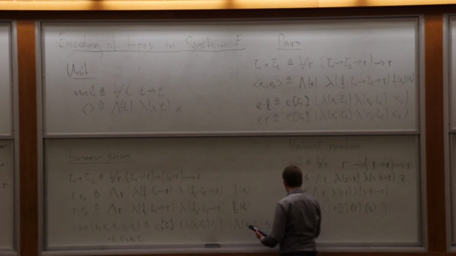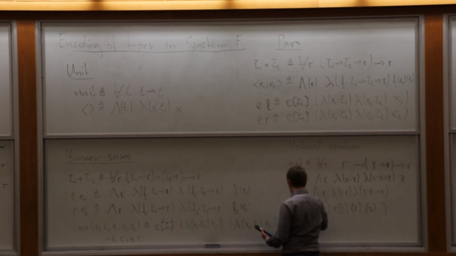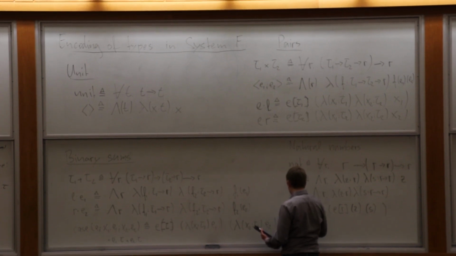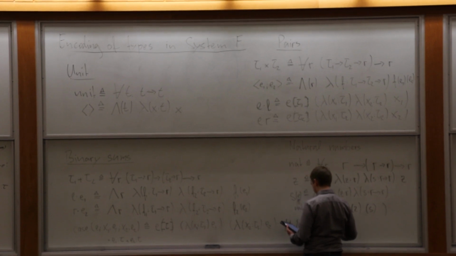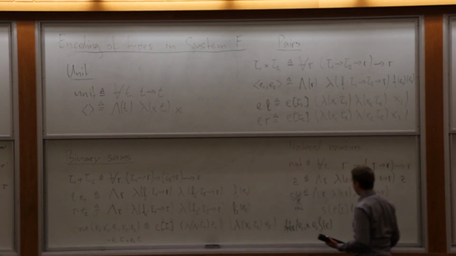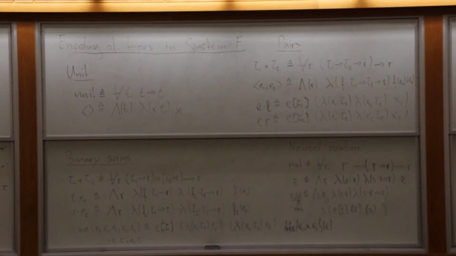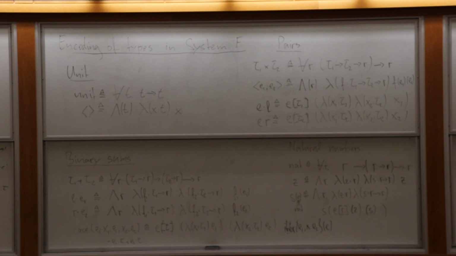I don't remember. Where you have a natural number e, and then you have a base case e1, and then you say, how do you compute the next thing?